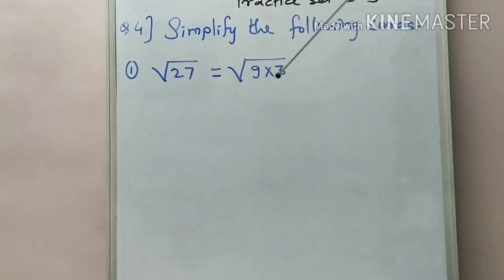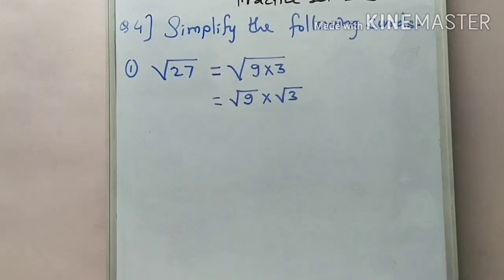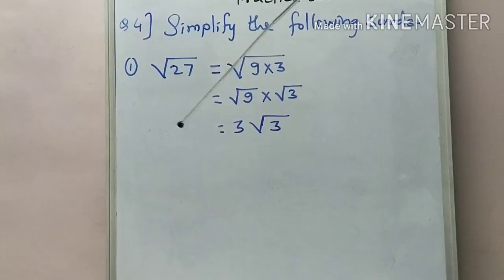9 3s are 27, and now we separate these numbers: root 9 into root 3. As we know, 9 is a perfect square number, and the square root of 9 is what? 3. Therefore we write the number as 3 root 3, which means root 27 we can simplify as 3 root 3.